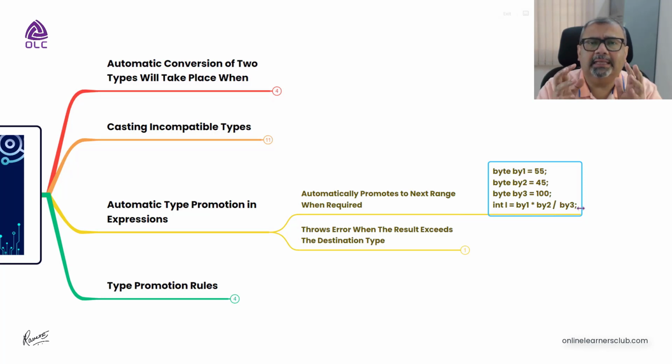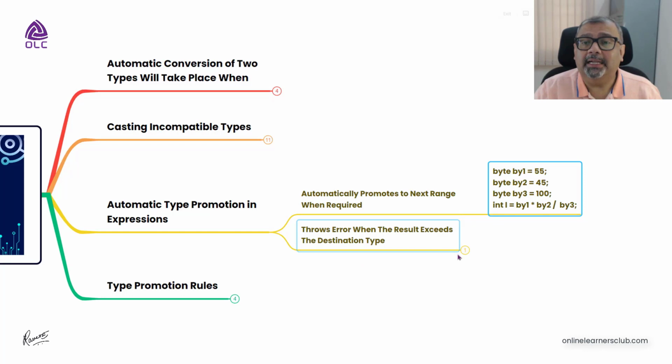This exceeds the byte's capacity, because the byte range is 2 to the power of 8. So it can automatically be converted into the next range. If you write a program where you directly equate this to an integer, it still works. It is automatically promoted to the next range by Java.